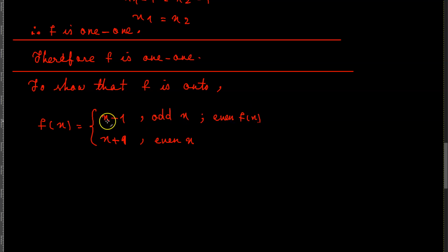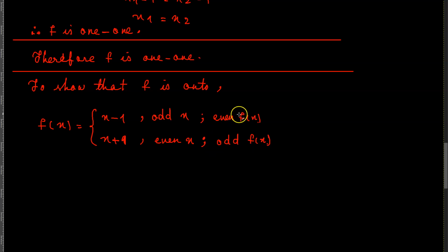Because when you subtract 1 from an odd number, you will get an even number. And when you have an even number and you add 1 to it, you will get an odd number. That means that you will have odd f of x's here, right?